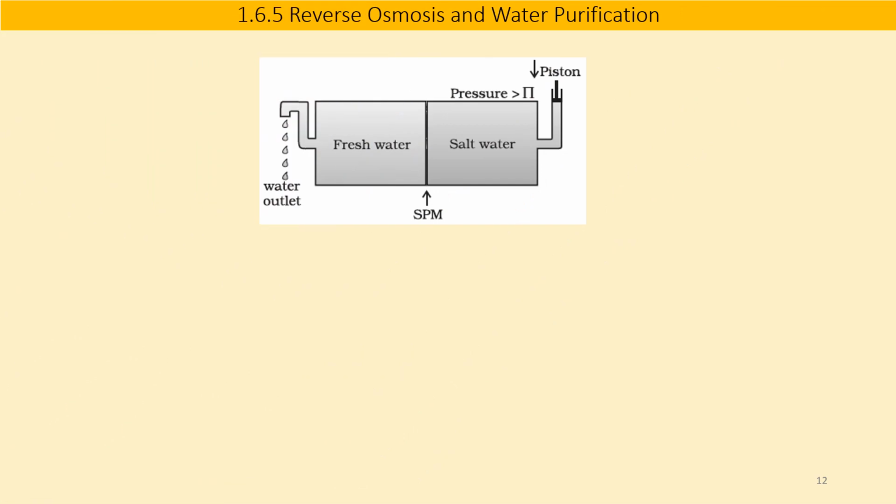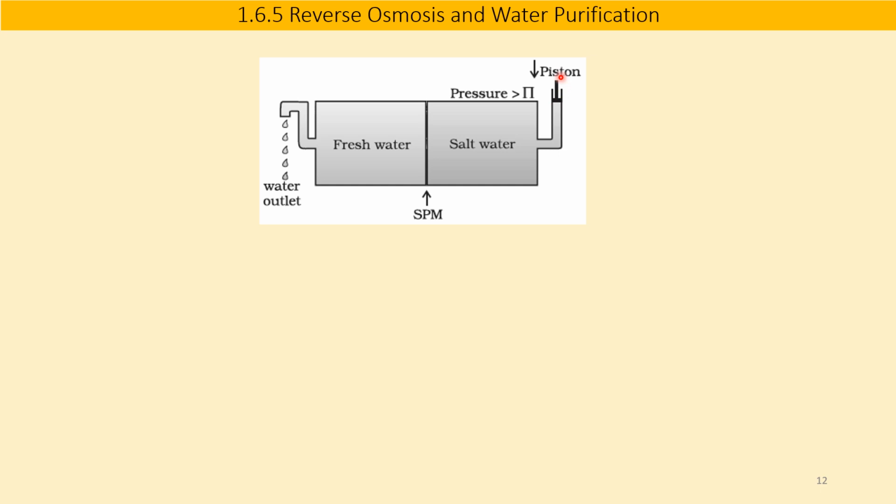The direction of osmosis can be reversed if a pressure larger than the osmotic pressure is applied to the solution side. Please see the figure which depicts the reverse osmosis which occurs when a pressure larger than the osmotic pressure is applied to the solution.